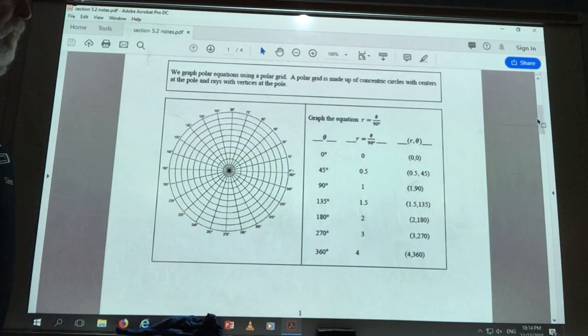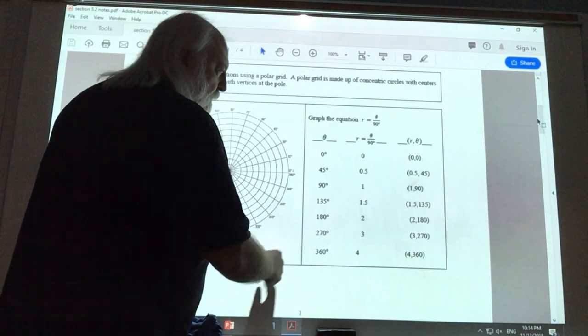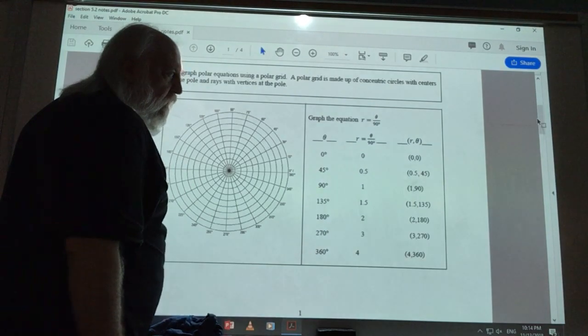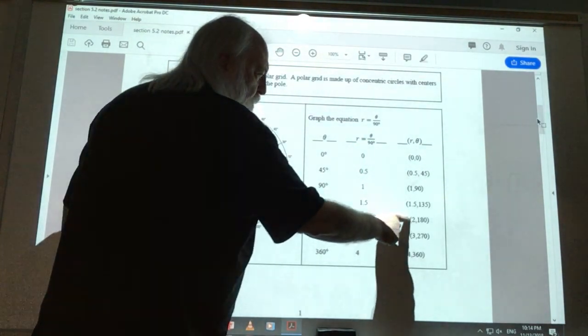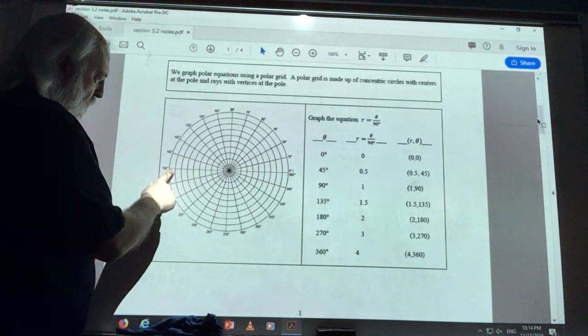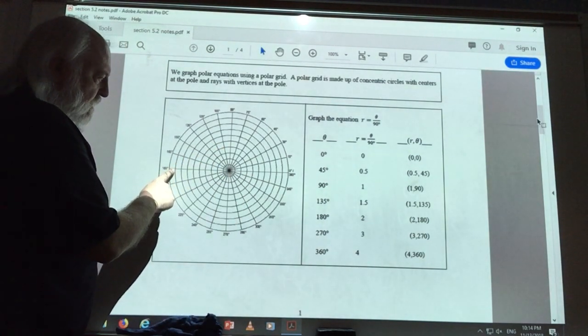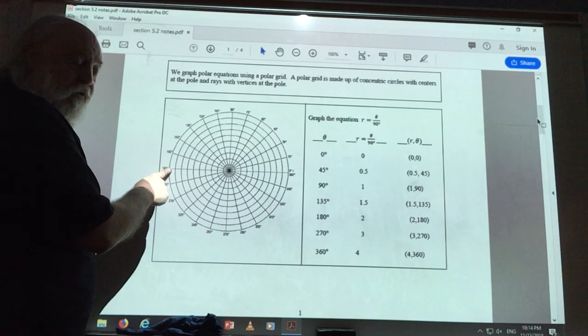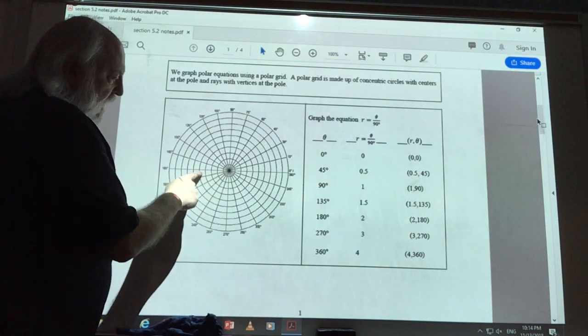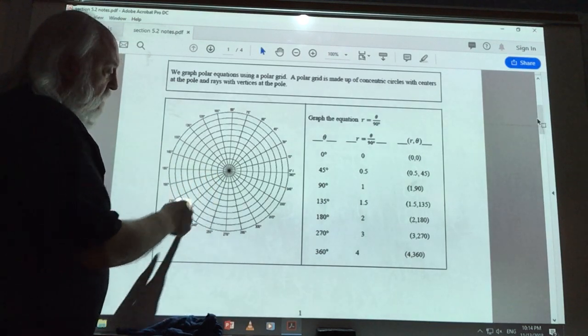Plotting points on a polar grid is a similar idea to plotting points in a coordinate plane. To plot a point, say from this column of r and theta, to plot the point (2, 180 degrees), you go to the ray for 180 degrees, and then you go out 2 units on that ray. You have to decide how much 1 unit is.